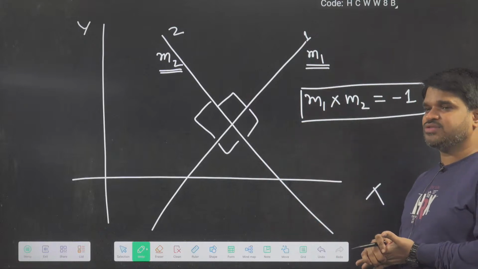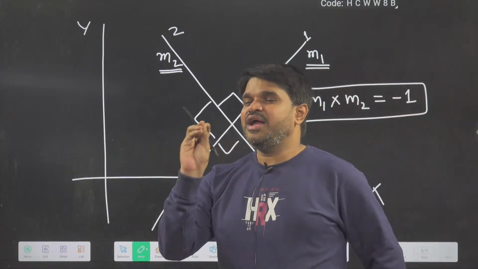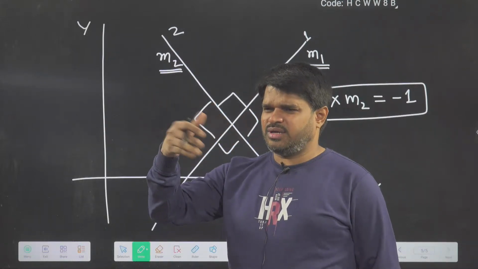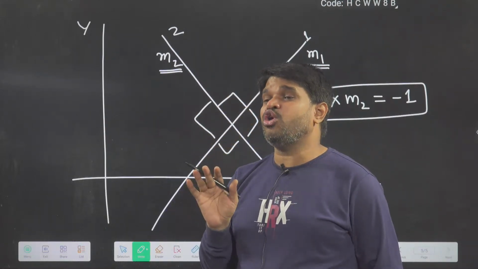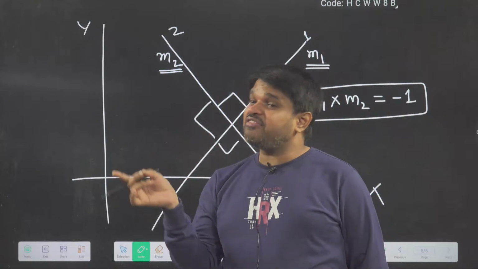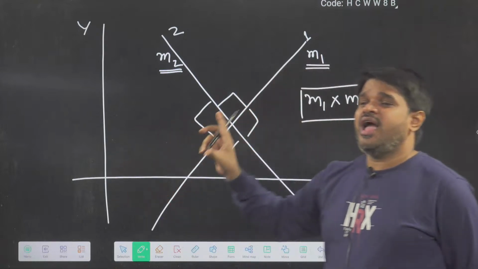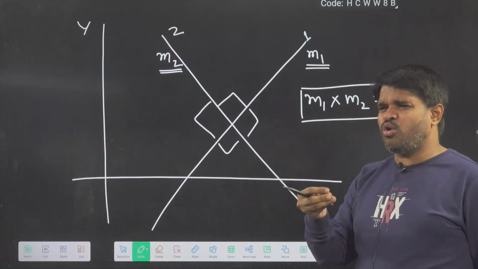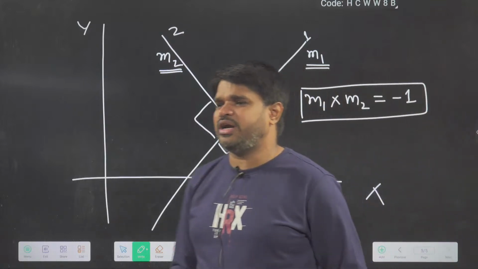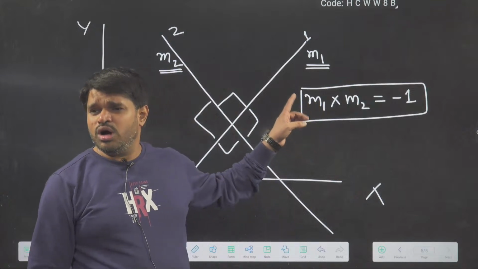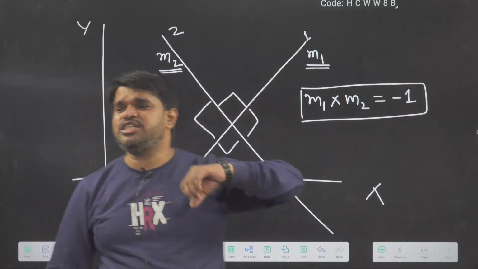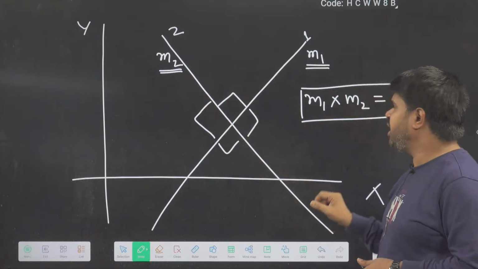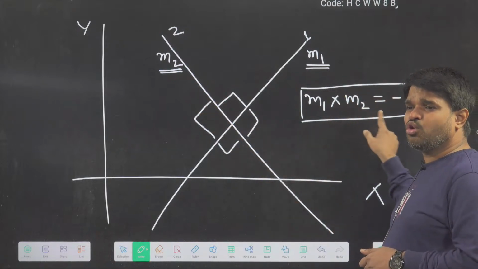m1 m2 equals minus 1. See here, trigonometry has not been taught to you yet. In maybe next to next week, trigonometry will be taught. After you are done with trigonometry, I will ask you to prove this. Till now many of you don't know much trigonometry, so you cannot prove it. The statement is: if two lines are mutually perpendicular, then the product of their slope is minus 1.